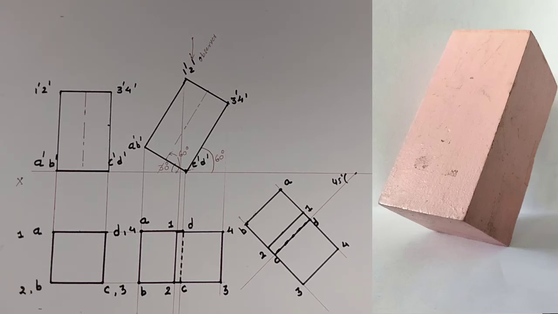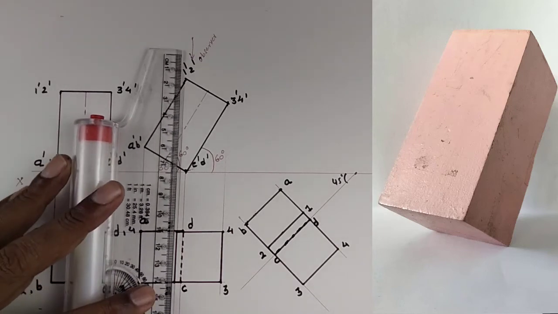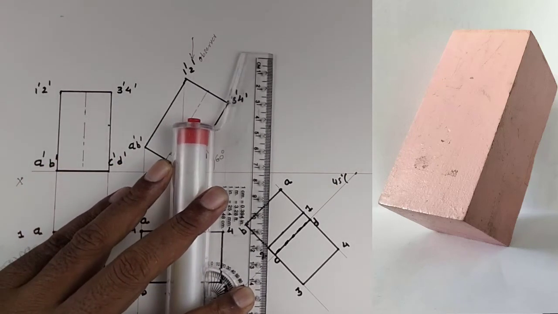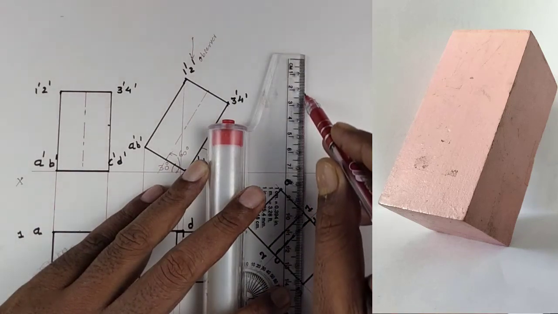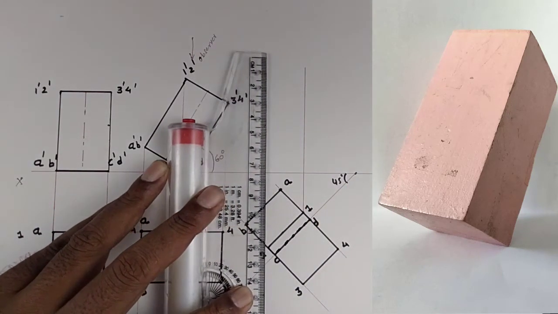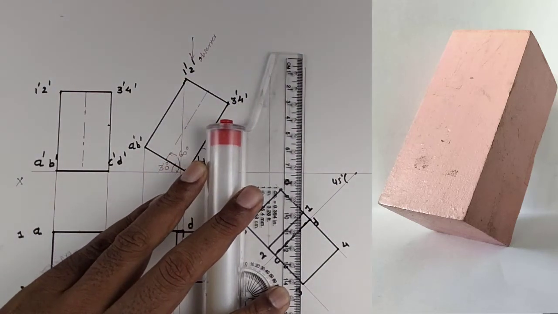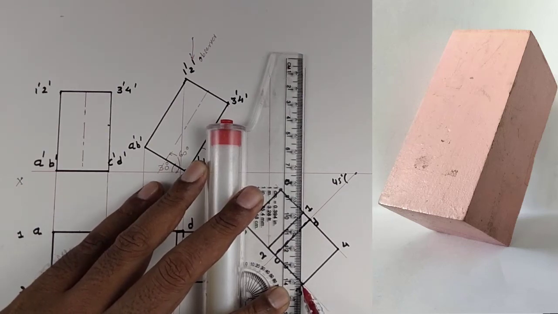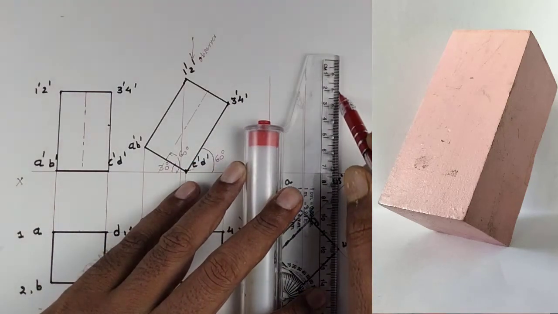Now project your elevation. First off, we take the vertical projection from the top base. So I transfer the first projection from corner A, second projection from point 3, projection from point 4.